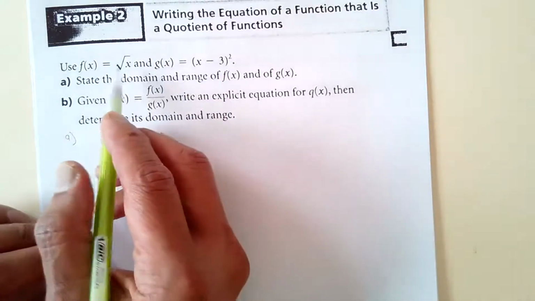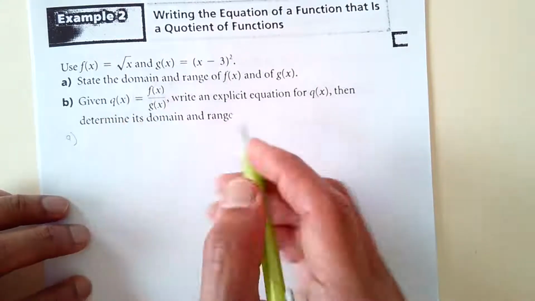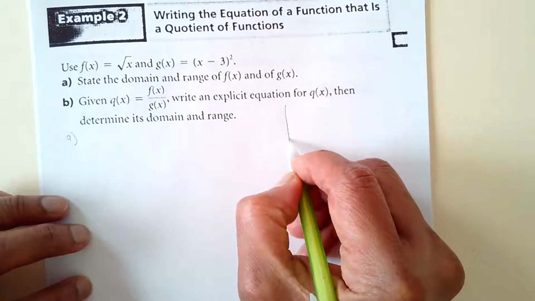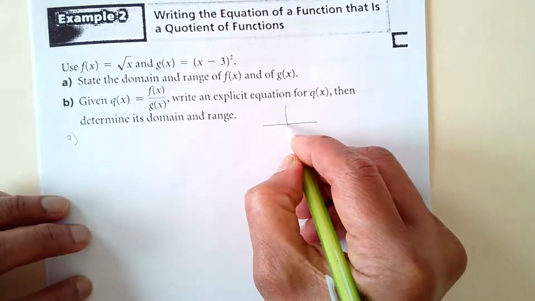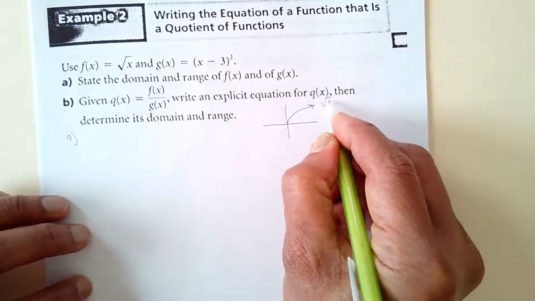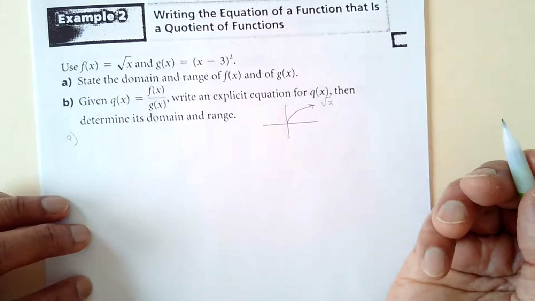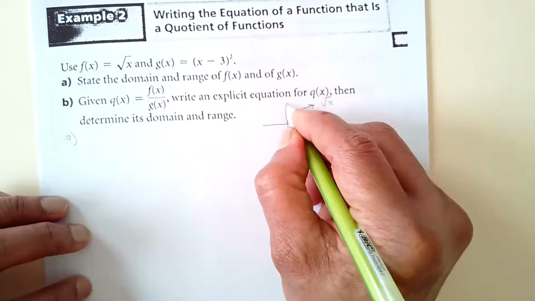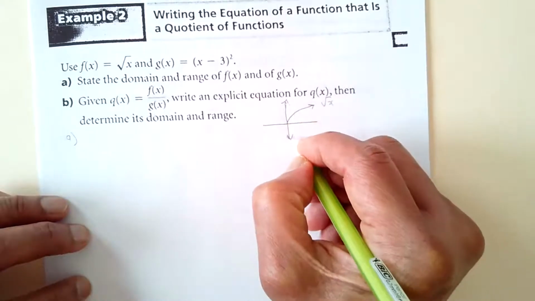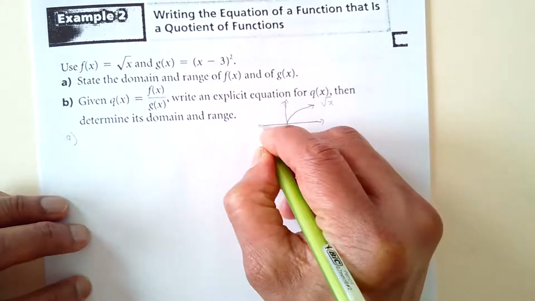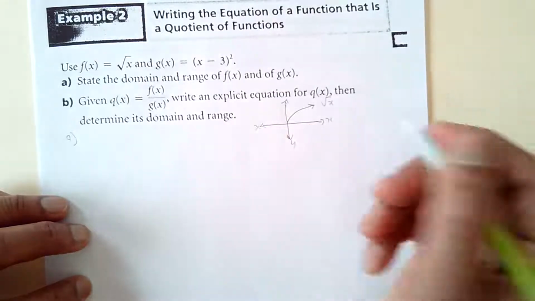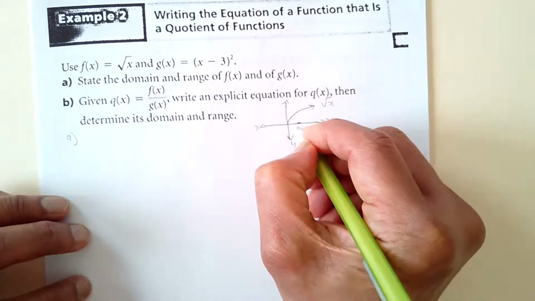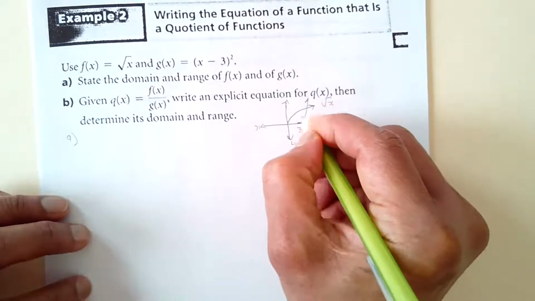So if you look back to what we did earlier, as we sketched the graph of square root of x, and for x minus 3 to the power 2 going up here.